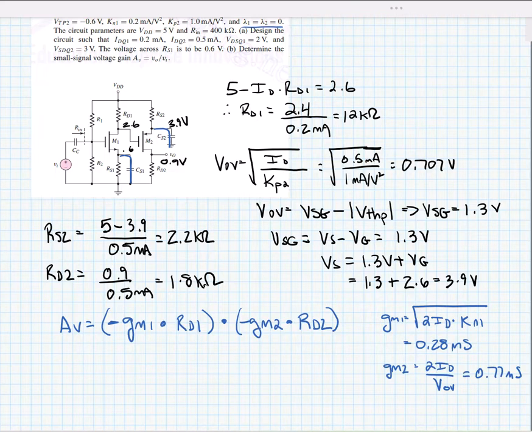We could have also used the current and the K value for that one as well, but we had a different piece of information. So with that, we can tell what the total voltage gain is. So we have the gain of the first stage is 3.36 volts per volt. The gain of the second stage is 1.386 volts per volt. The total gain is the product of those two, or 4.66 volts per volt.